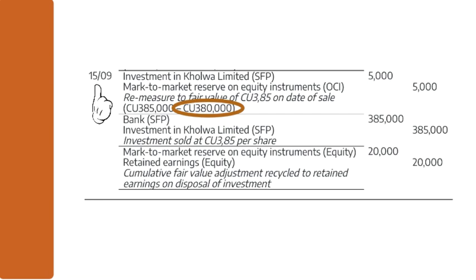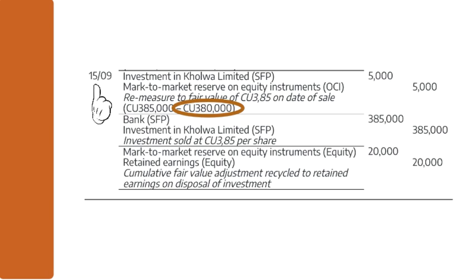Now, if you had only sold a portion of the investment, not all 100,000 shares, maybe 20,000 shares or 25,000 or 60,000, however many, and you didn't sell them all, you would have a choice.